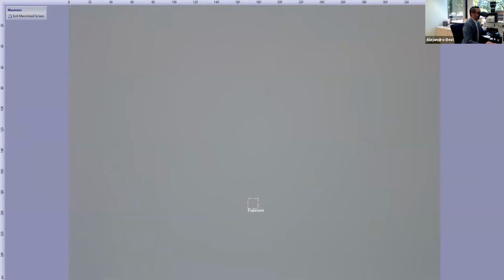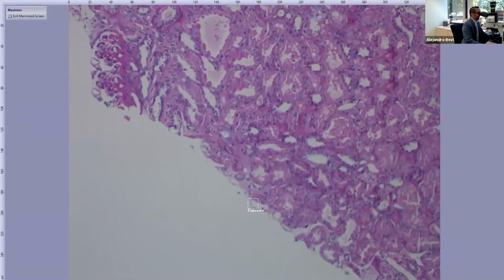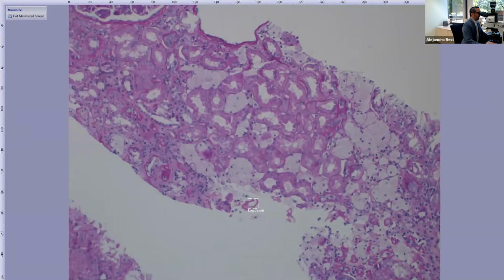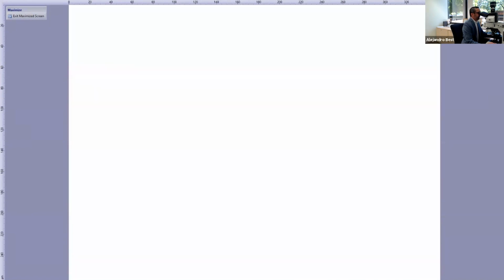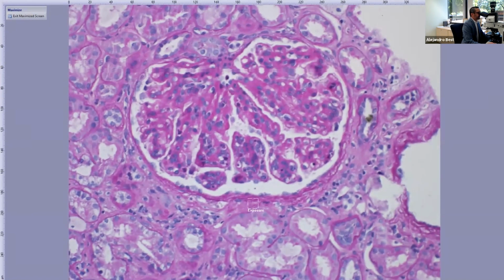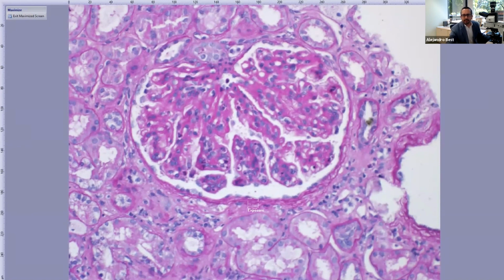So this is the first case. And again, the foam cells that we were talking about on the other case, I promise it's a different case. But the morphology, maybe not as dramatic, is similar to what we were talking about with C3G. There is a little bit of accentuation of lobular architecture. There's definitely mesangial and endocapillary hypercellularity.